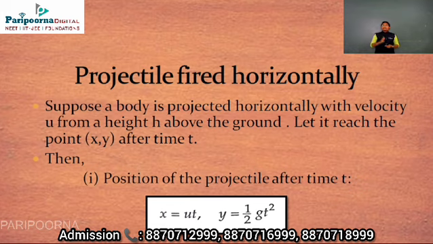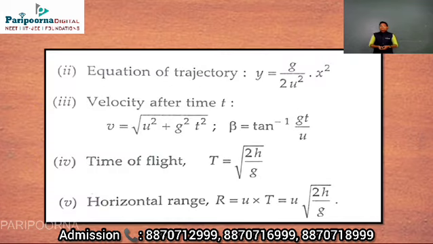Now the projectile fired horizontally. Suppose a body is projected horizontally with a velocity of u from a height h above the ground. Now let it reach the point x, y after the time t. Then the position of the projectile after time t is x equal to ut and y equal to half gt square.